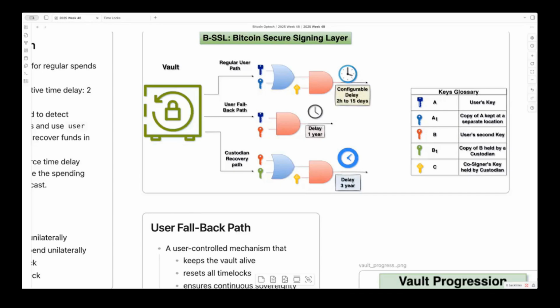You can create a transaction with your keys A and B, and then broadcast it, and this PSBT, this transaction will be taken up, and you won't be able to spend from this using this path.